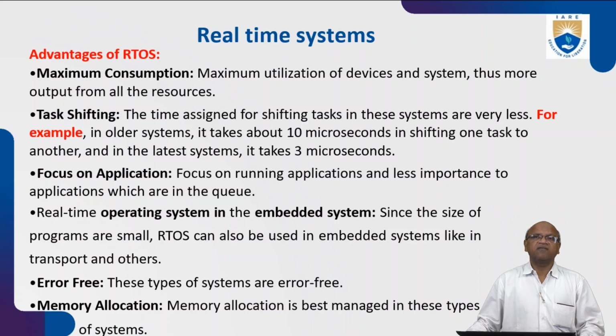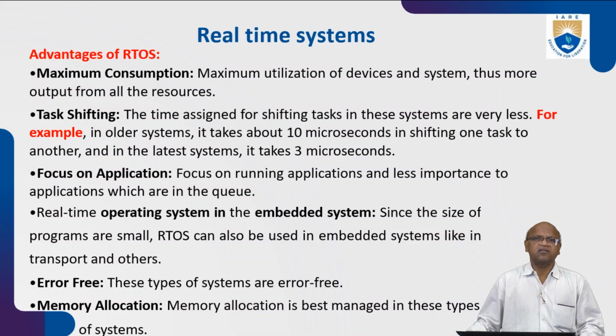The advantage is maximum utilization of devices: these systems get more output from all resources. Task shifting: the time assigned for shifting a task in these systems is very small. For example, in older systems it takes about 10 milliseconds to shift from one task to another, and in the latest systems it takes only 3 milliseconds. So the response time as well as the shifting time from one operation to another is very small.